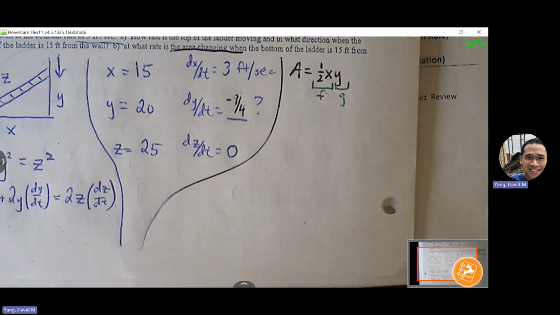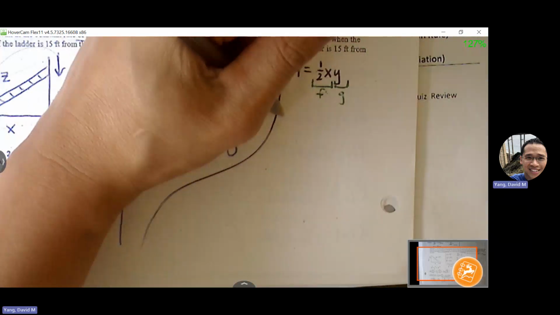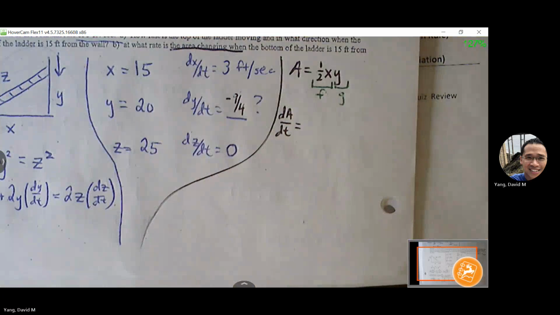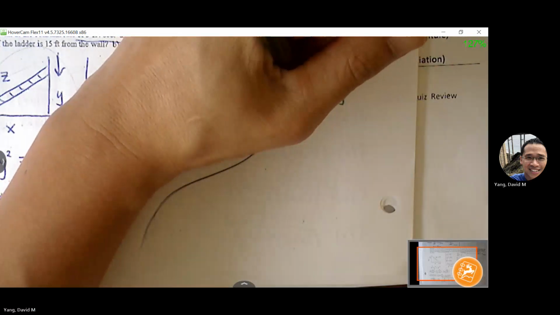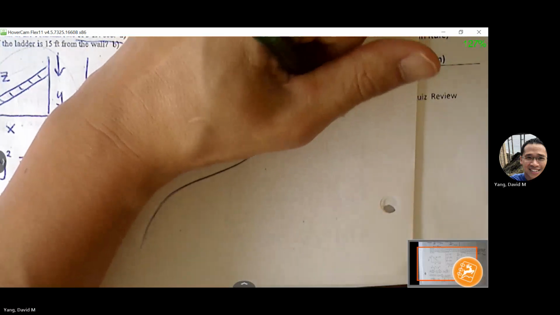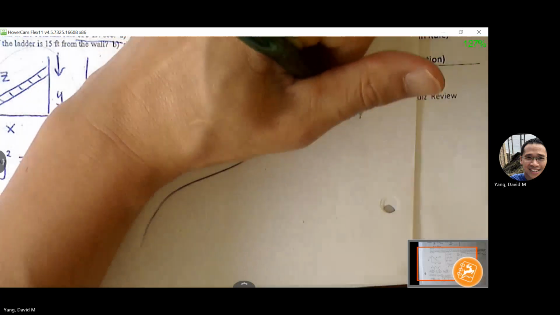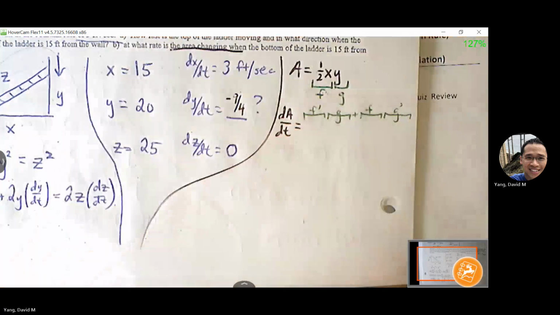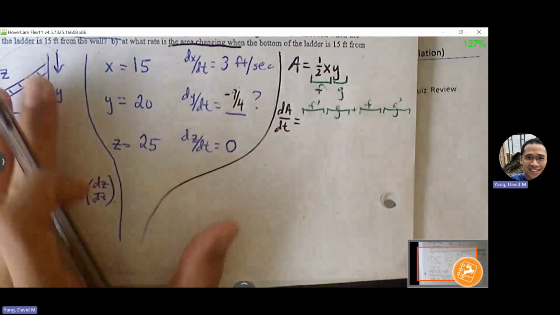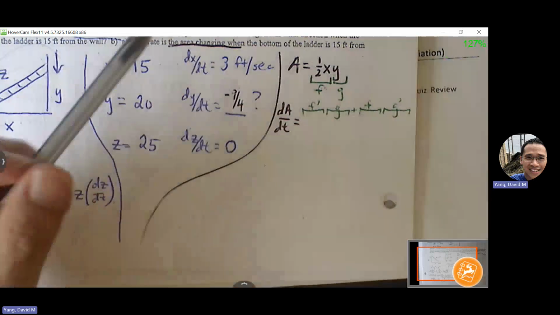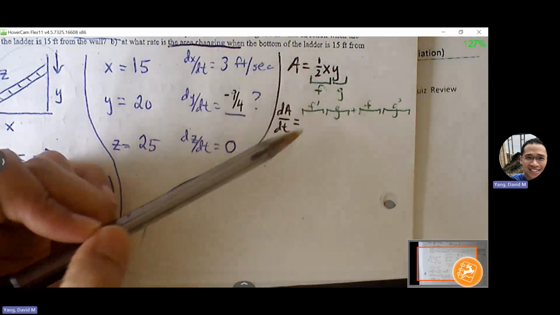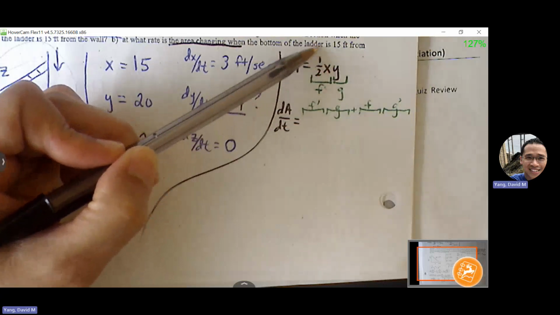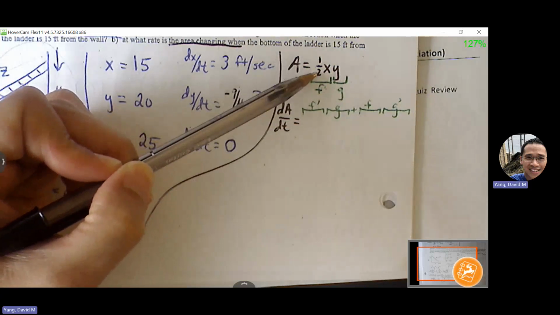So let's build out our derivative here. A becomes dA/dt. Okay, f prime g plus f g prime. Let's do this one piece at a time. What does 1/2 x turn into? 1/2.